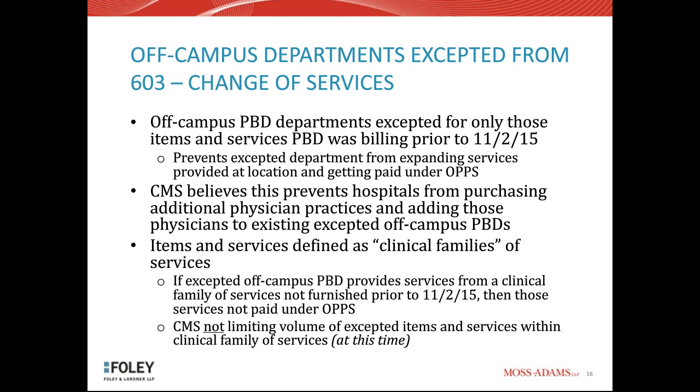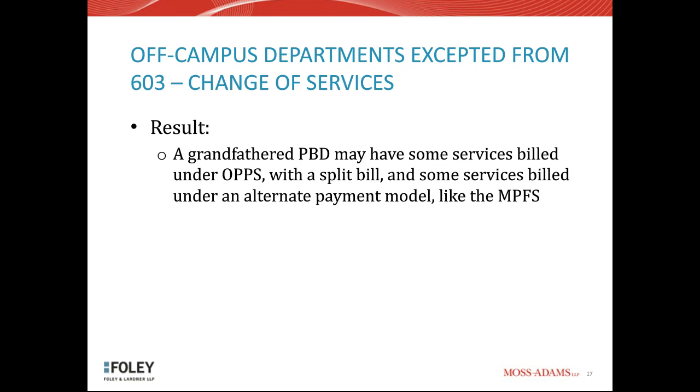So what does this mean? Maybe you have a grandfathered provider-based department, and you're going to have some services billed under OPPS with a split bill, a UB04 for the facility services and a 1500 for the physician. And then some services outside the existing clinical family of services would be paid under an alternate payment model like the Medicare physician fee schedule.